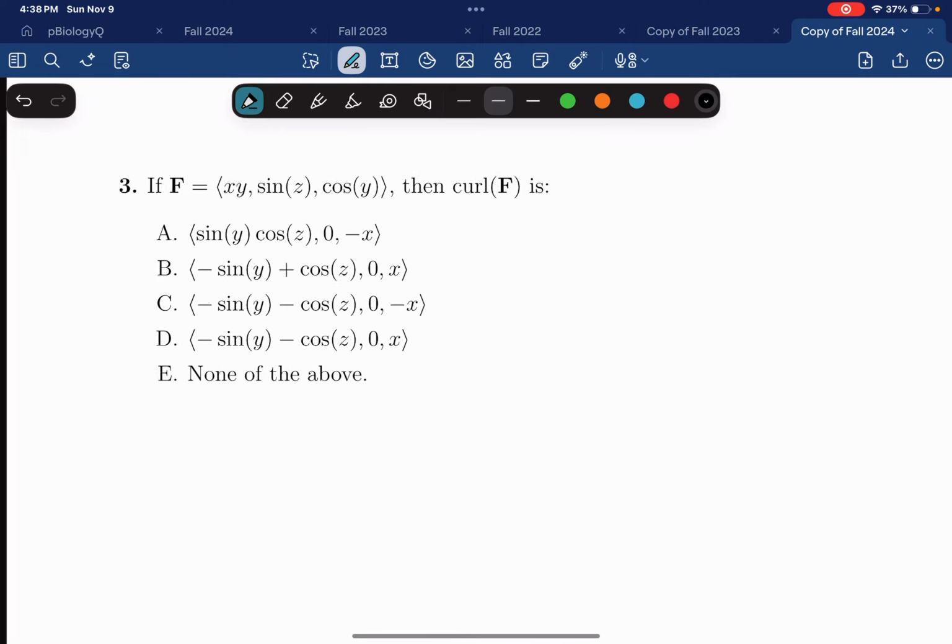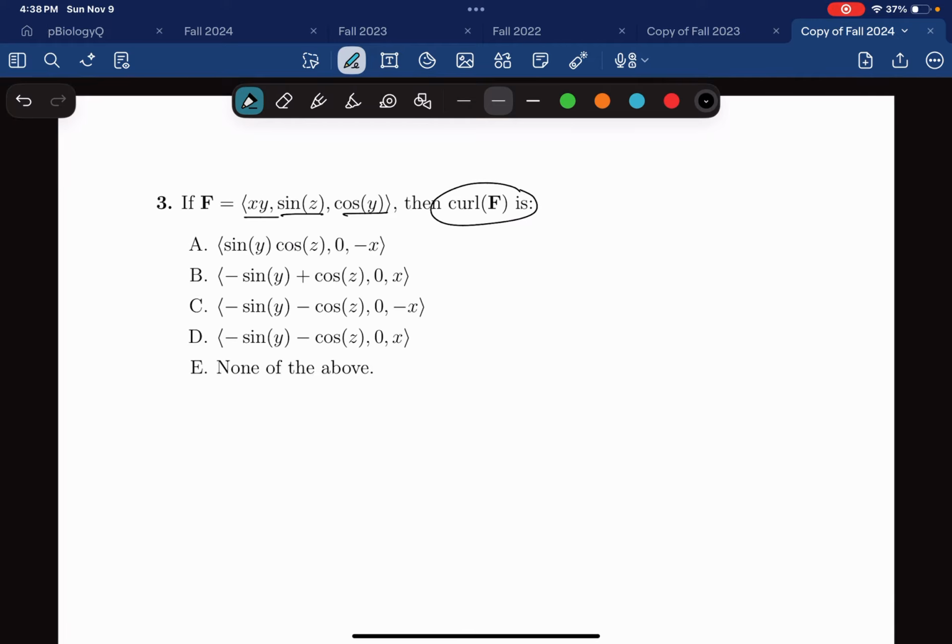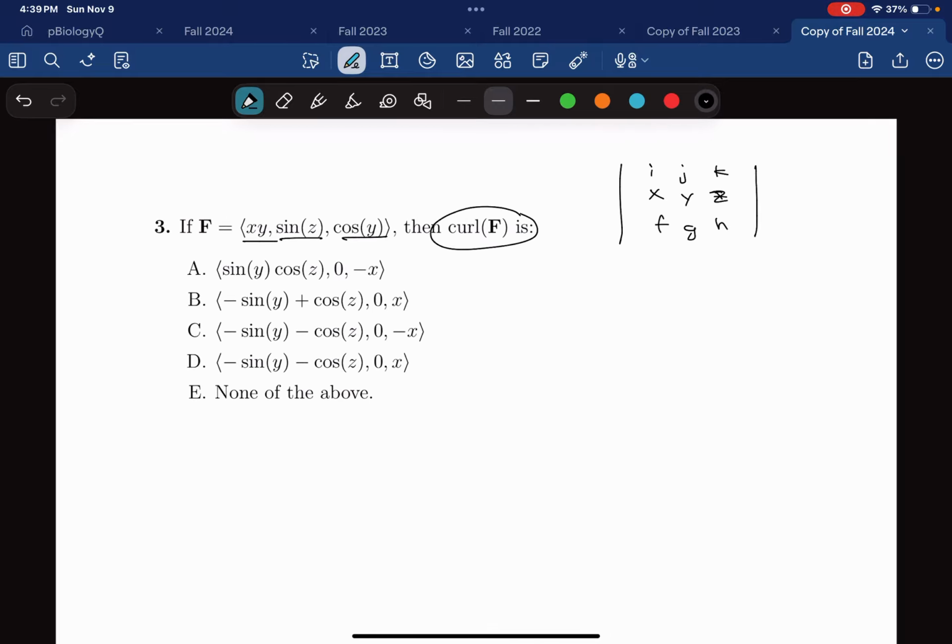Have fun. Okay, so now we want to find the curl. So the curl, when it's 3 dimensions, if you don't have them memorized, I'll show you how to have them memorized now. So you want to set up your thing like this with f, g, h. So in this case, you get h of y minus g of z, minus, that's your i.